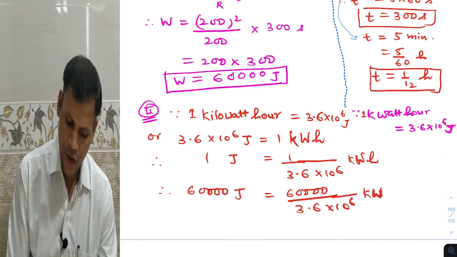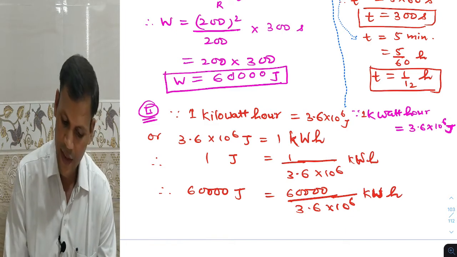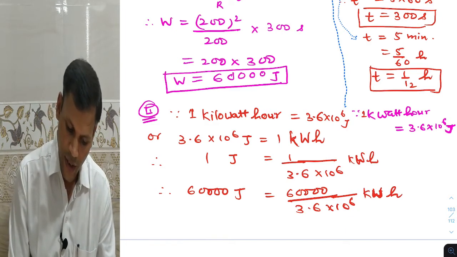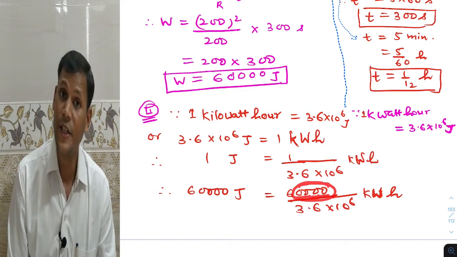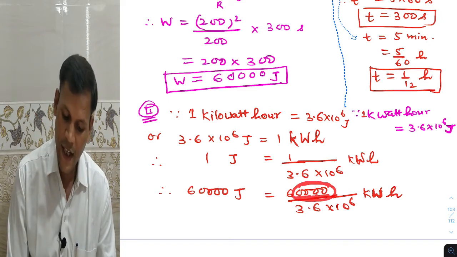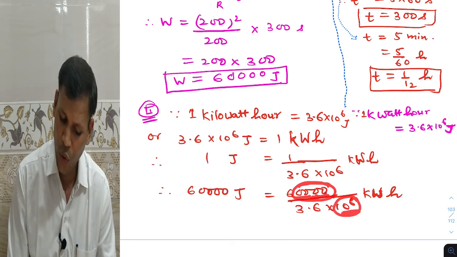hour. So further what you will get, let us see some smart way to calculate it. ये 10⁴ है, 4 zeros means it is 10⁴ and here it is 10⁶, तो 4 कम हो जाएगा तो यहाँ 10⁻² आएगा.